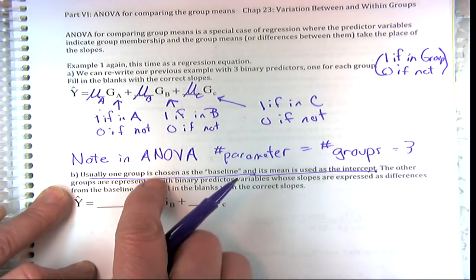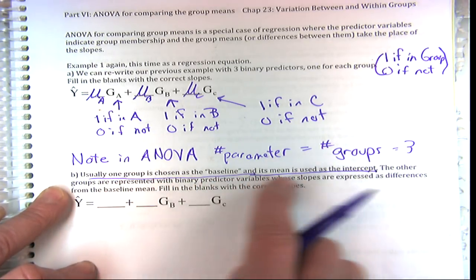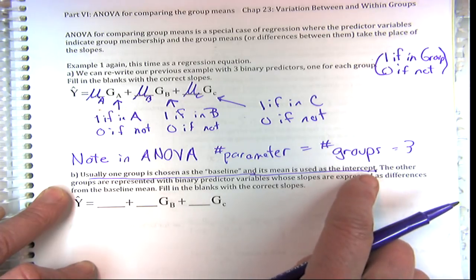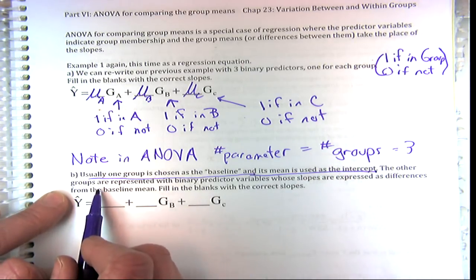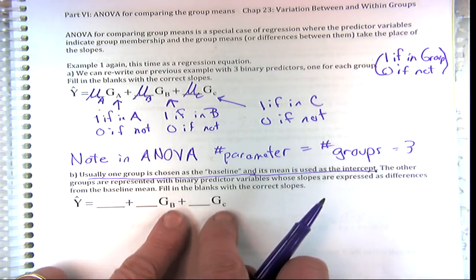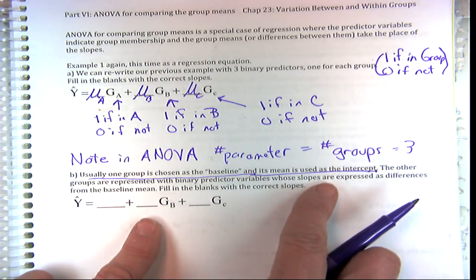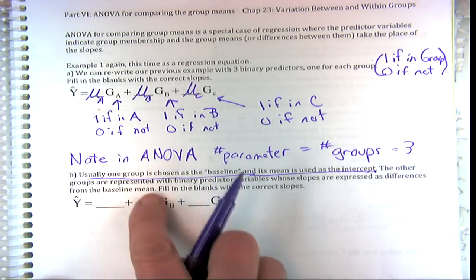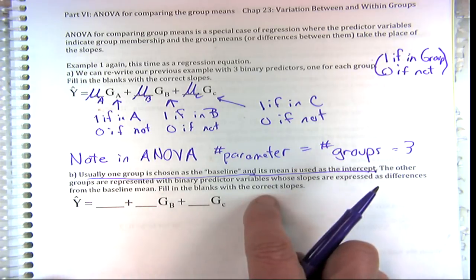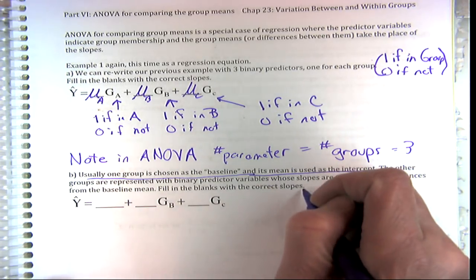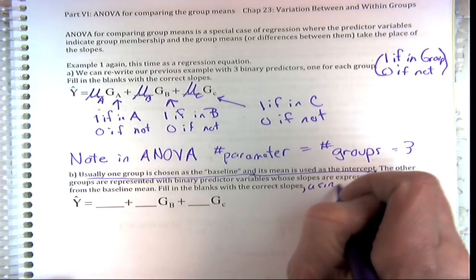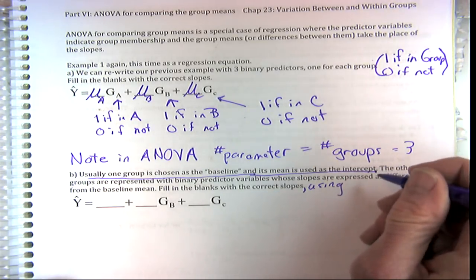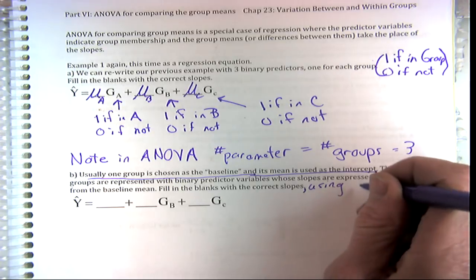Then the other groups are represented with these binary predictors, and their slopes are expressed as differences from the baseline. So let's fill in the blank with the correct slope if you use group A as your baseline.